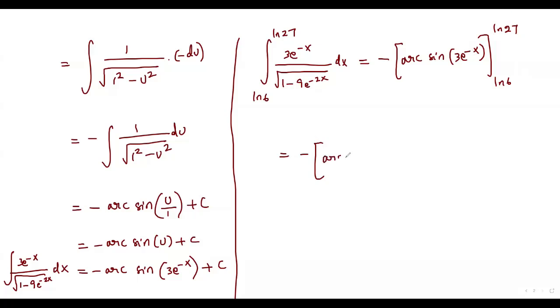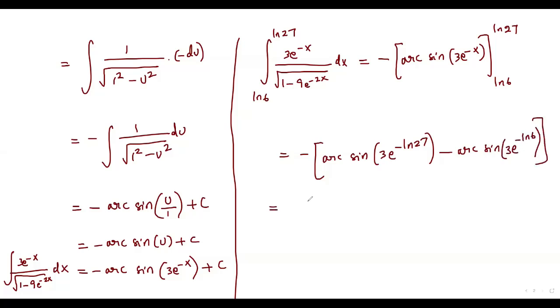Then I'm getting arc sine of 3 times e to the power of negative ln 27. Now I have to take a negative sign. Again in the same result we have to plug in the lower limit, so before we take the lower limit we have to take a negative sign, and in this result for x we plug in the lower limit ln 6. Then I'm getting arc sine of 3 times e to the power of negative ln 6.